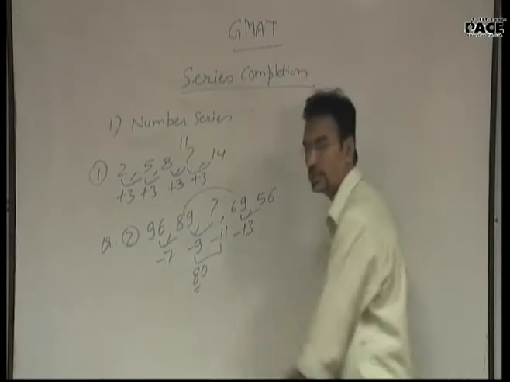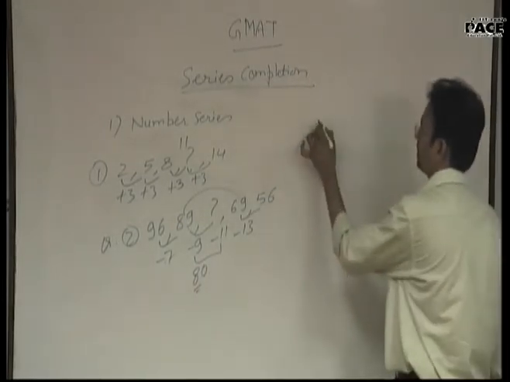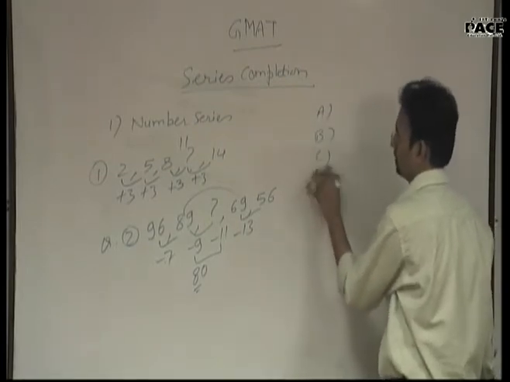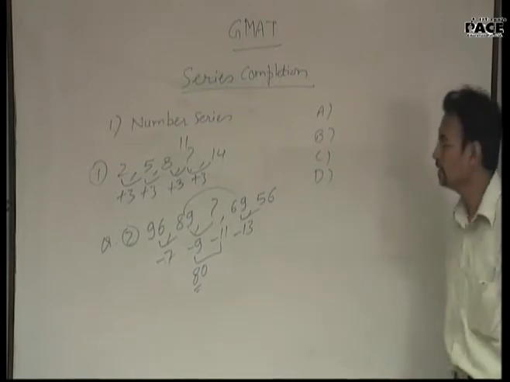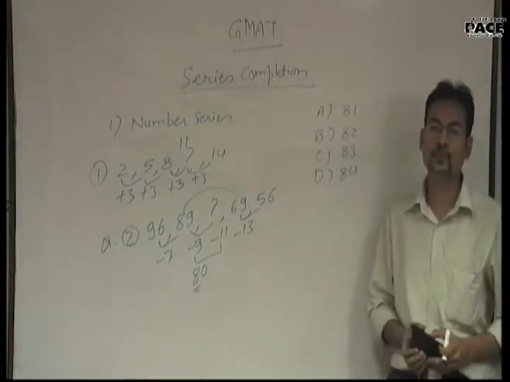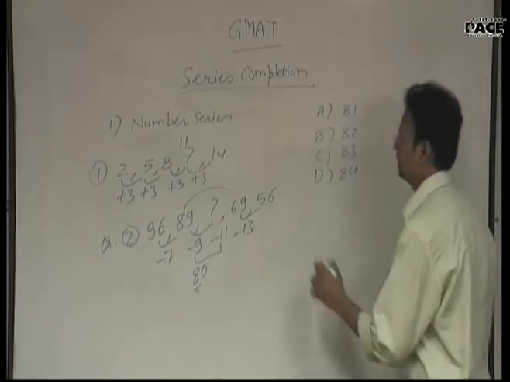Suppose 80 is not in the options, then what will happen? Now I give you options for this. These options are 81, 82, 83 and 84. What can we work out?